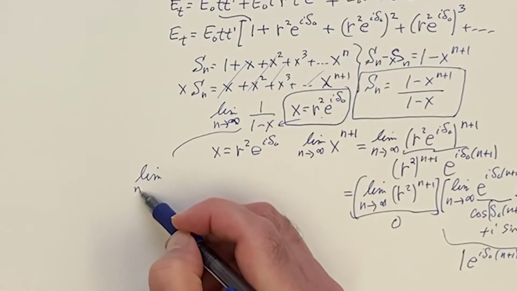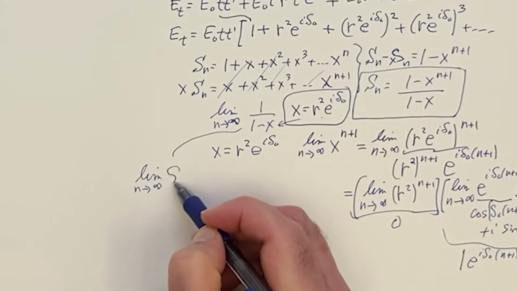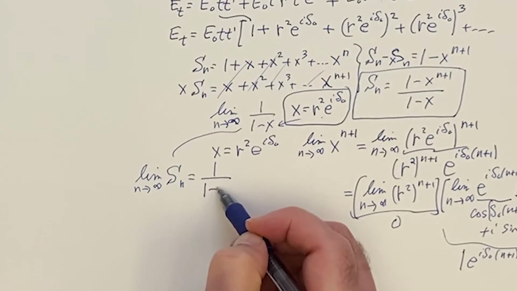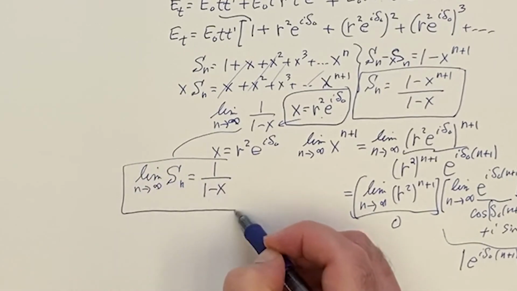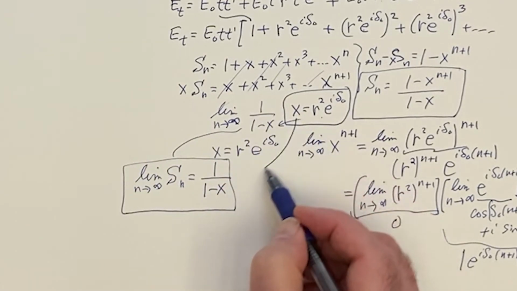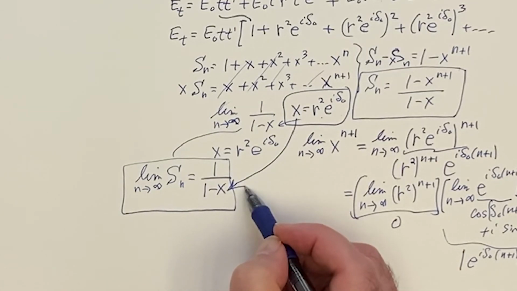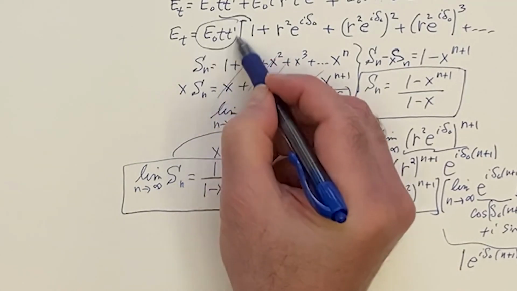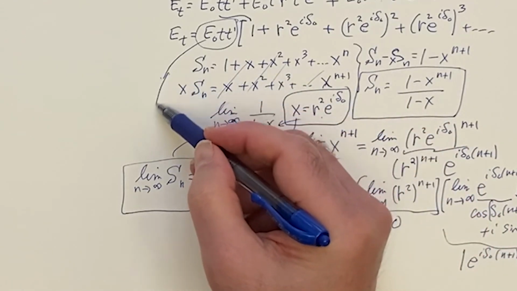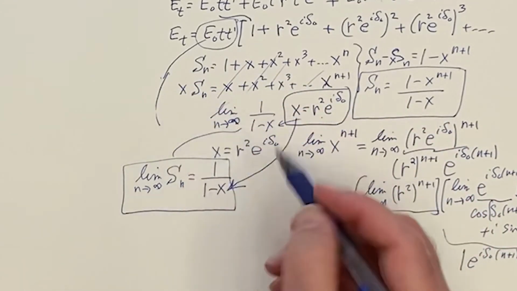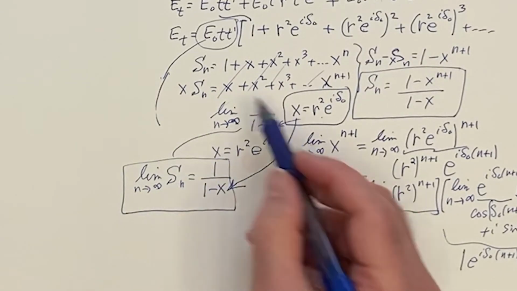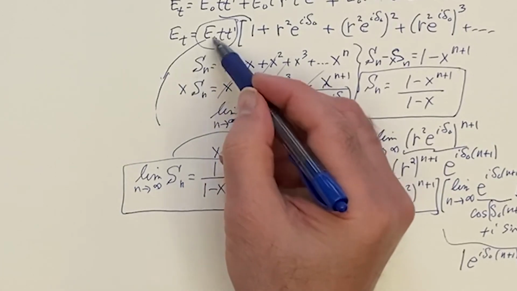The limit as n goes to infinity of Sn is equal to 1 over 1 minus x. There, that's what I meant by that shorthand notation. So that means this gets put in there, but remember this has to go in the front, in front of the S.